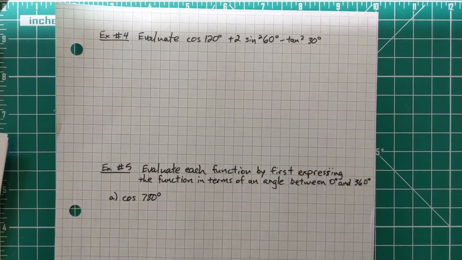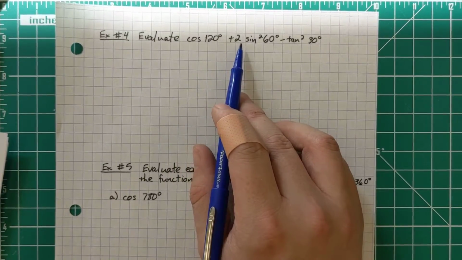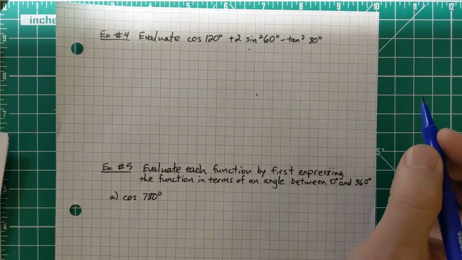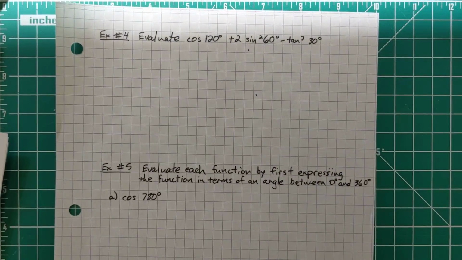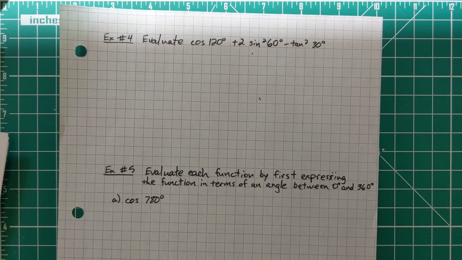All right, example 4 says evaluate cosine of 120 degrees plus 2 times sine squared of 60 degrees minus tangent squared of 30 degrees. So, once again, we have to figure out, well, what is cosine of 120 degrees? What is sine of 60 degrees?